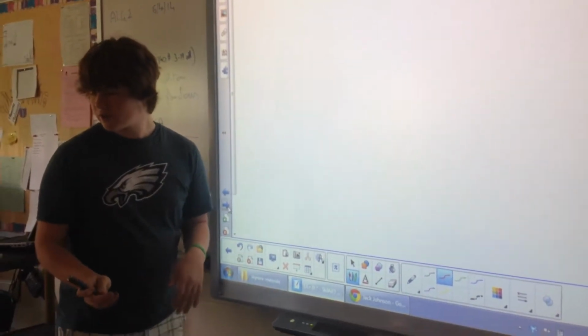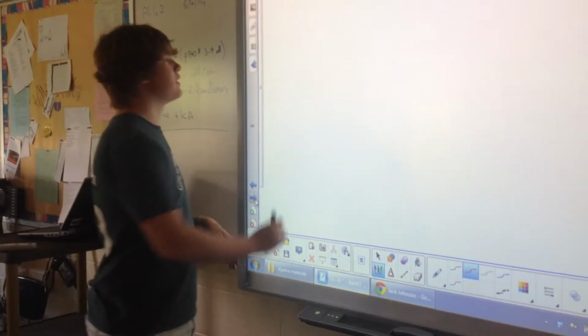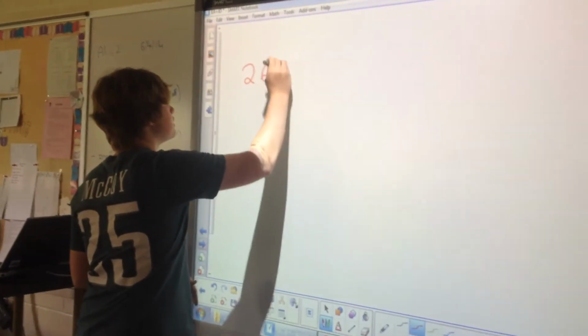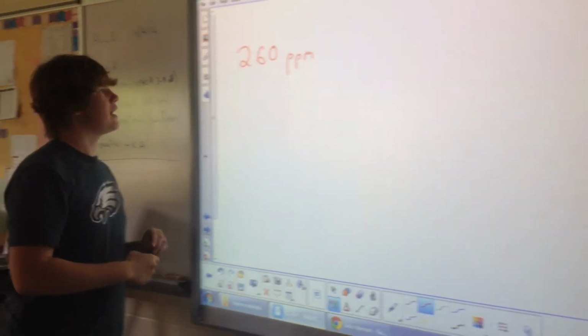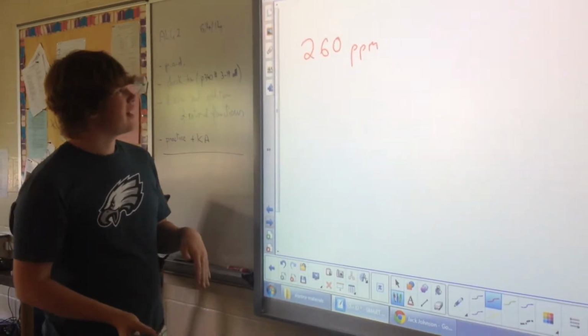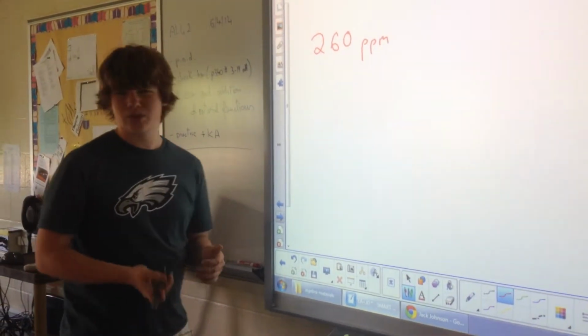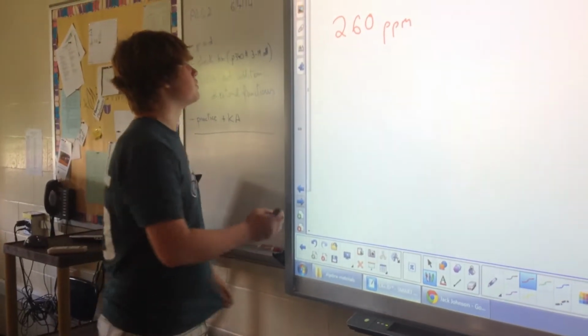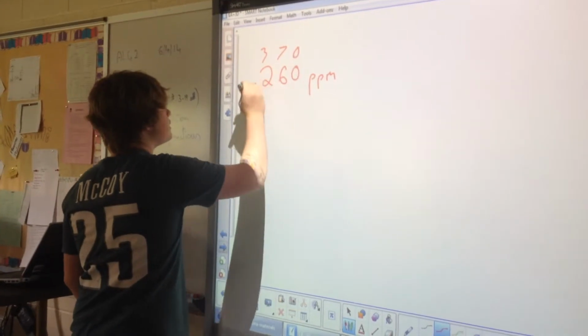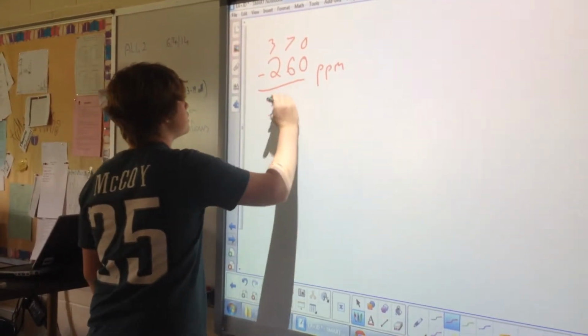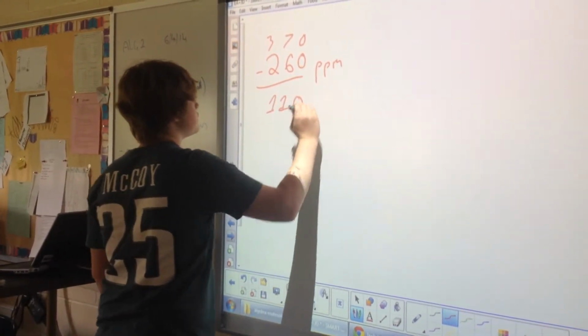So 50 years ago, we were at about 260 parts per million, and now we're at 370. So we have 370 minus 260 parts per million, which gives 110.